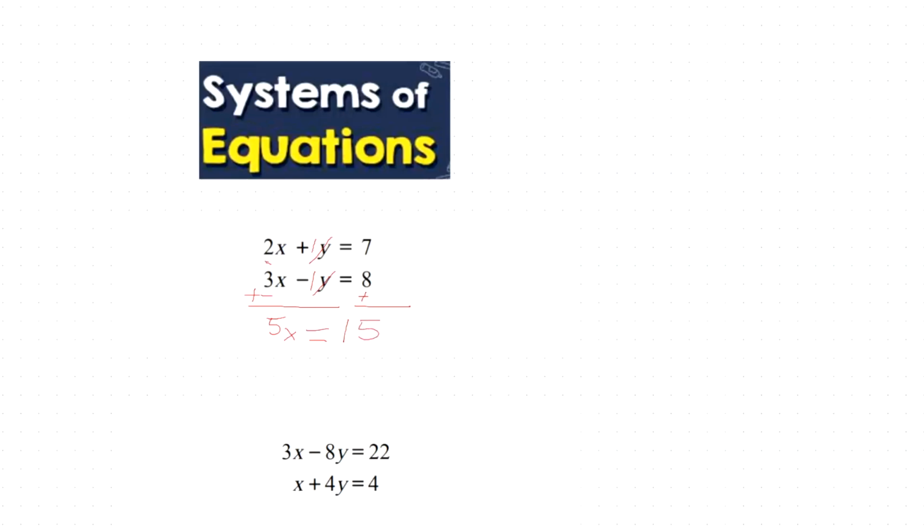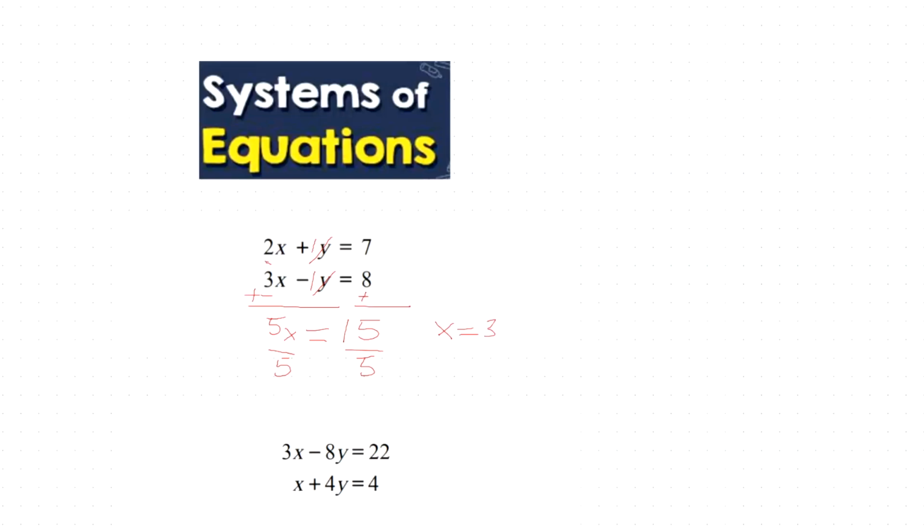To get the value of x, we will just divide both sides by 5. Then x is 15 divided by 5, which is 3. So we found the value of x as 3.